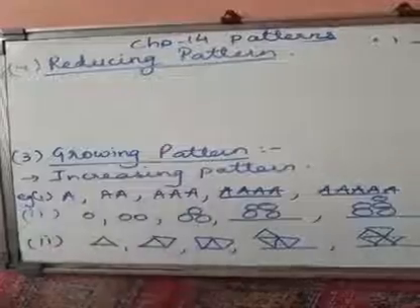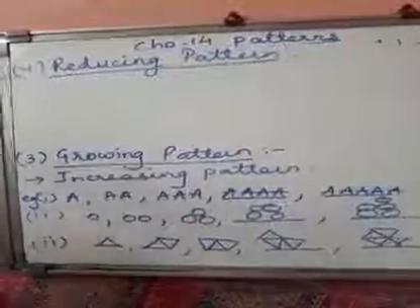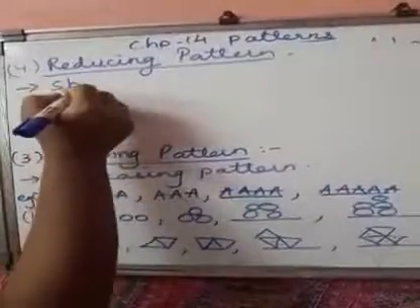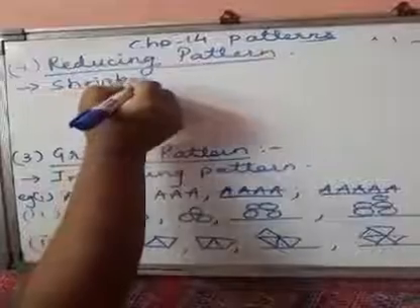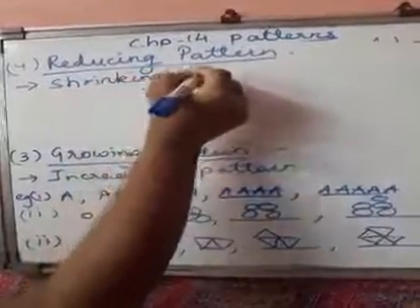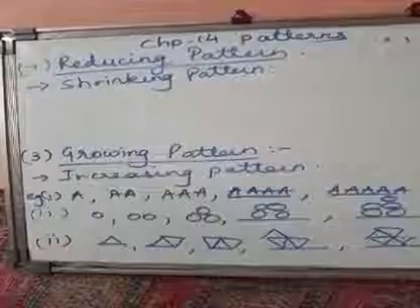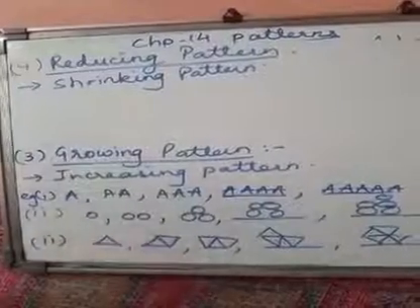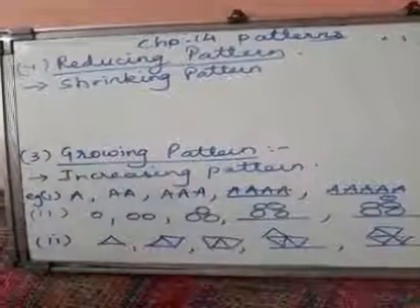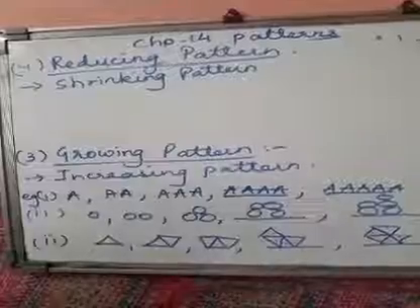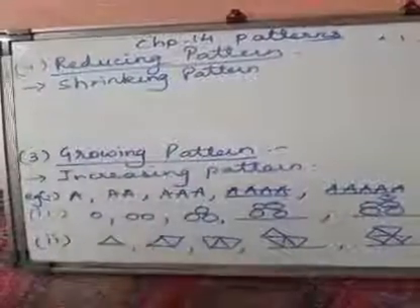We are shrinking that pattern. It is also known as nothing but what? Shrinking. What is the meaning of shrinking? Shrink. Suppose if you have a very big cloth, okay? If you try to make a ball out of it, it becomes shrunk. It gets some wrinkles, okay? So it can be called a shrinking pattern.